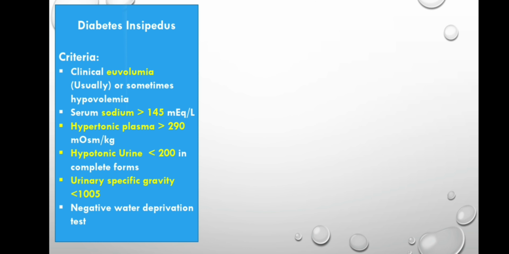The urine osmolarity will be less than 200 in complete forms, with hypertonic plasma, more than 290. If you check urine specific gravity, it will be less than 1005. And to confirm this, the water deprivation test, as we mentioned, will be negative.